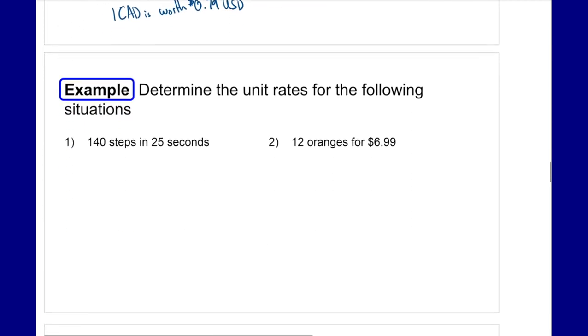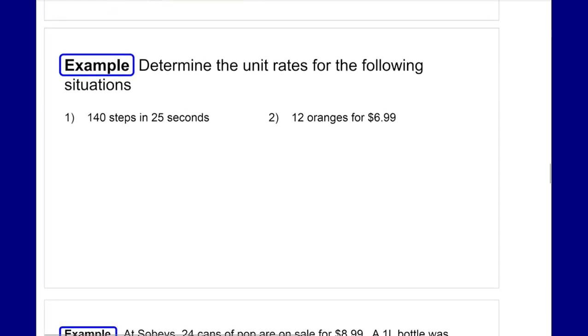So let's try to find the unit rates for some situations now. We were given unit rates and interpreted them in the last one. Now let's find the unit rates for the following situations. First one is 140 steps in 25 seconds. To find unit rates, essentially all we're going to do is divide, or set up a fraction.